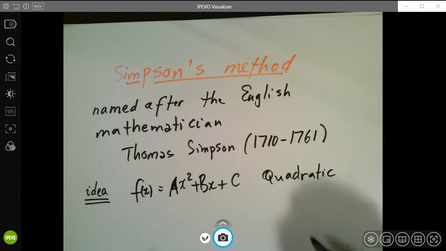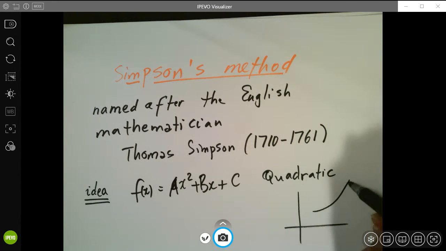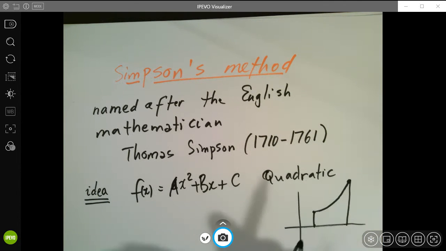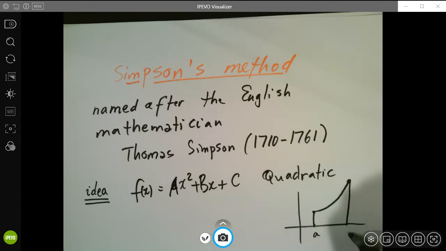Now if you have a quadratic function and you want to compute the surface area under the curve, Simpson found a formula like this for the integral from a to b.